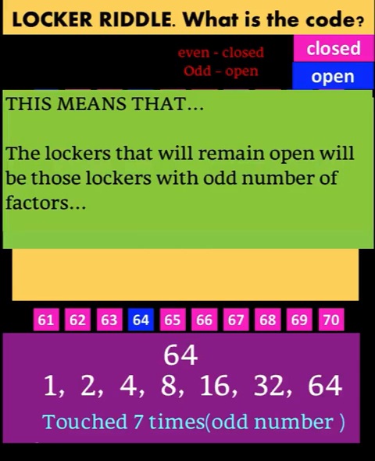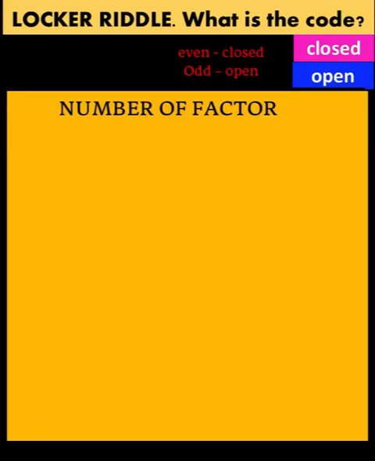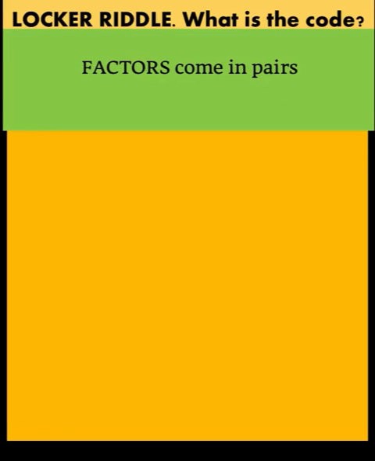This means that the lockers that will remain open will be those lockers with an odd number of factors. And those numbers are the perfect squares. Why? Let's analyze. Note that factors come in pairs. For example, 4 can be written as 1 times 4, that's one pair, or 2 times 2, that's another pair.